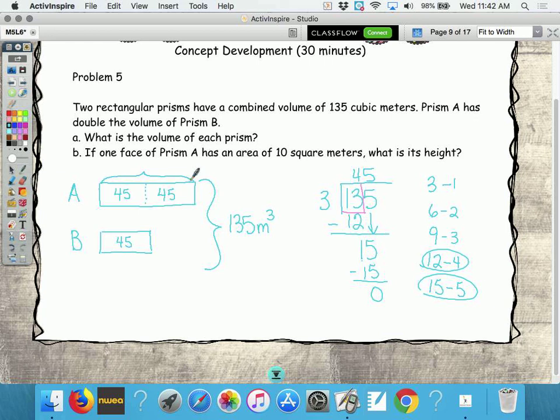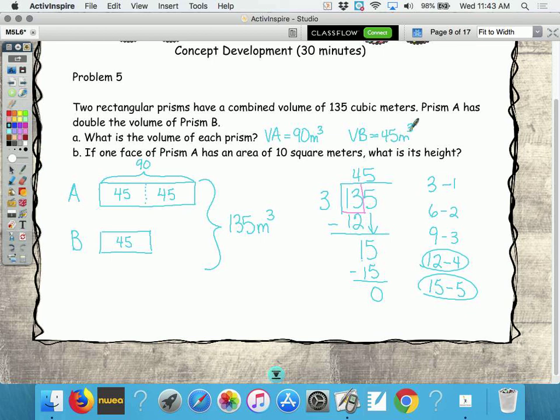So 45 plus 45? 90. Okay, so just answer it here. Volume of A equals 90 meters cubed. Volume of B equals 45 meters cubed. Now that's the easy part, believe it or not.